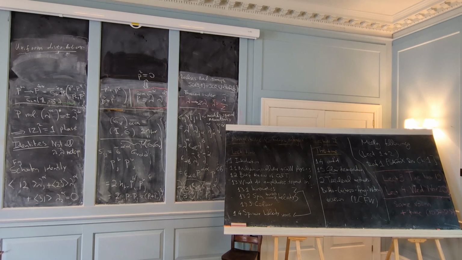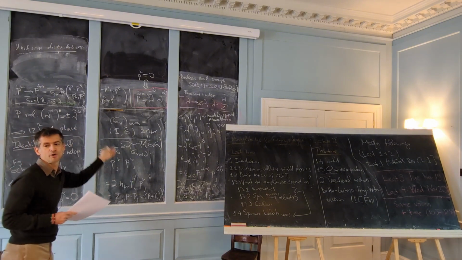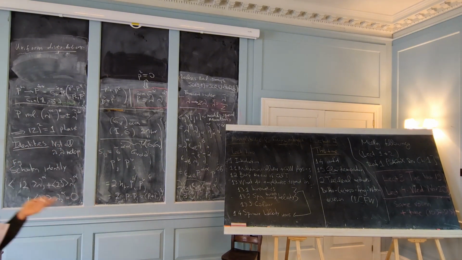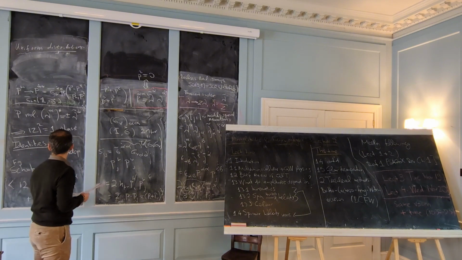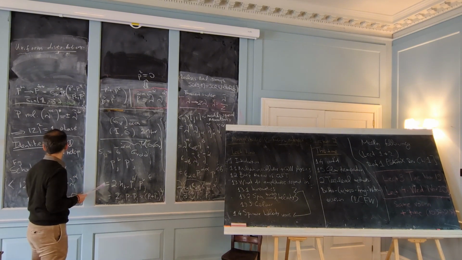Excellent, excellent. So spinors, these objects, are two-dimensional. They have two components. And it's just a mere fact that you cannot have more than two independent vectors in two dimensions. So any three vectors in two dimensions are linearly dependent.